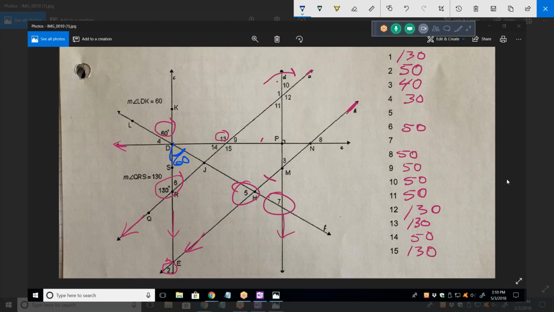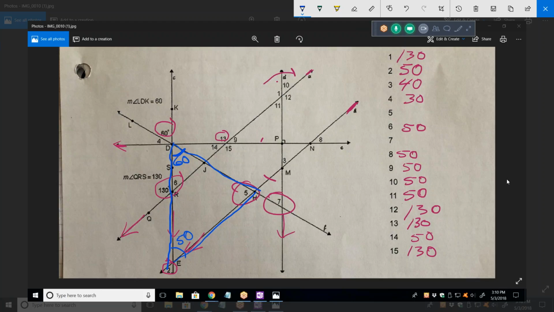And now I have a triangle. There's often many ways you can do these, but this happens to be the one that I notice. That triangle right there, what's this angle right there? 50. Yep. Now I can figure out angle 5.